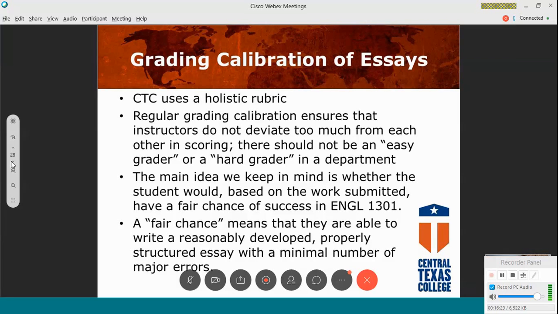And our main point that we keep in mind when we grade in development is whether the student, based on this current piece that we're looking at, has a fair chance of going into an unsupported composition course, not a prerequisite, just a straight composition course.